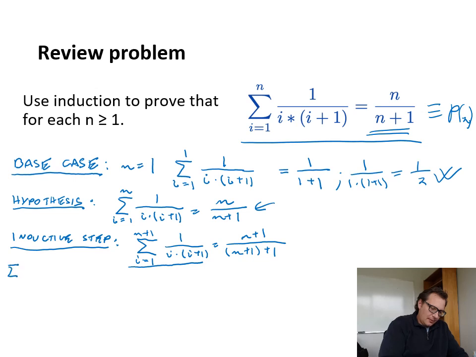Sigma I equal to 1 to n plus 1 of 1 over I times I plus 1 is equal to... sorry, this should be sigma. Let me erase this.